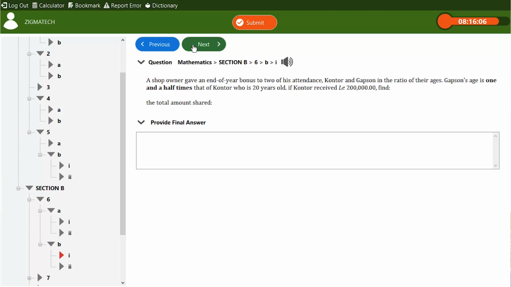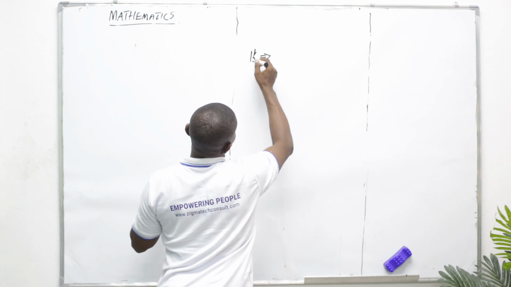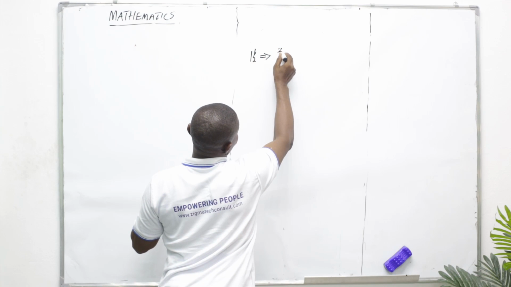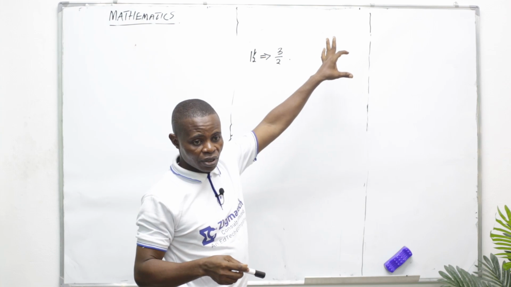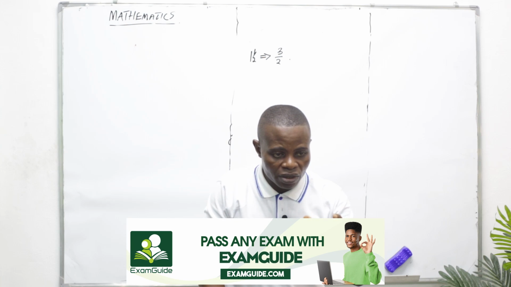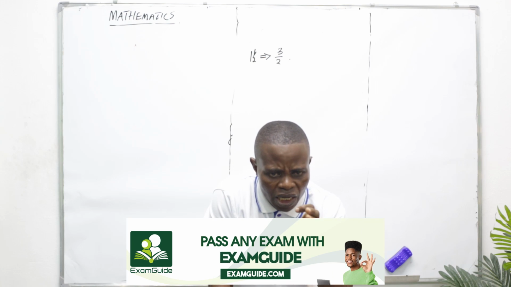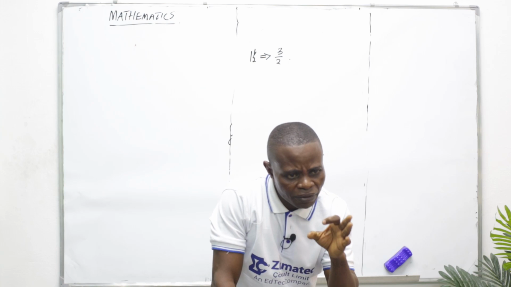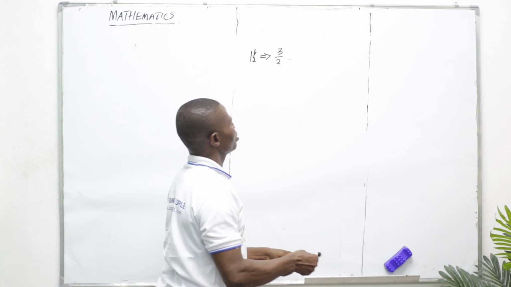But our main focus here is Gabson's age. It is 1.5 times, that is 1 and 1 over 2, which implies 2 times 1, 2 plus 1, 3 all over 2. Okay? We don't know the age of Gabson, but we are told that Gabson's age is 1.5 times that of Contour, who is 20 years old.